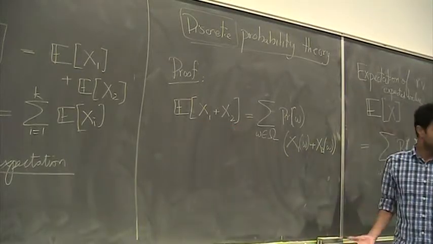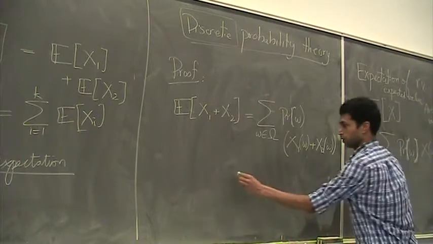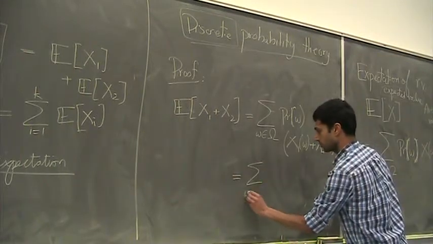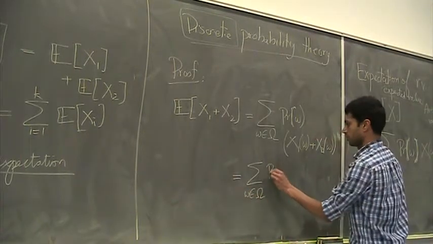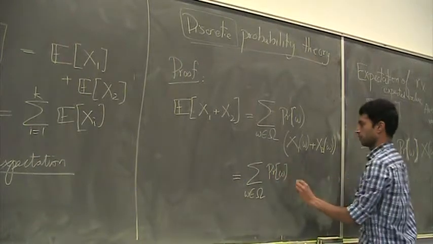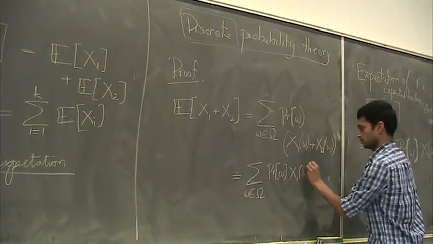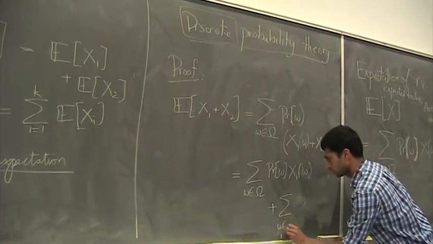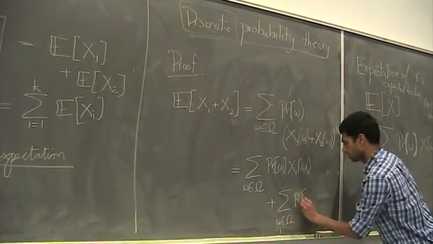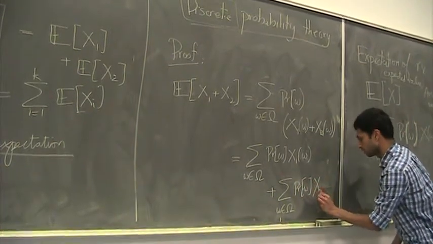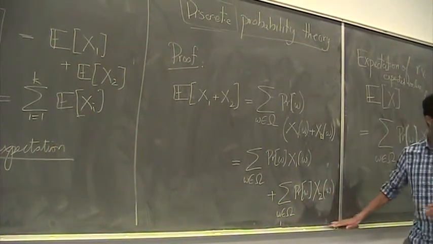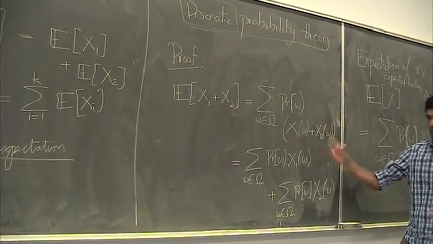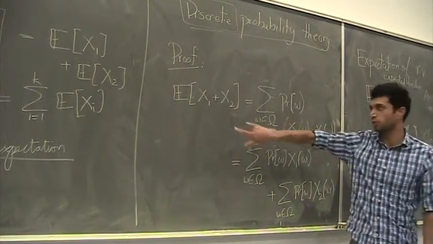Then you do the obvious and break up the summation: the probability of omega times x1 of omega, plus the sum over all omega of the probability of omega times x2 of omega. Does that make sense? What's really important here is you don't need to assume that they're independent.